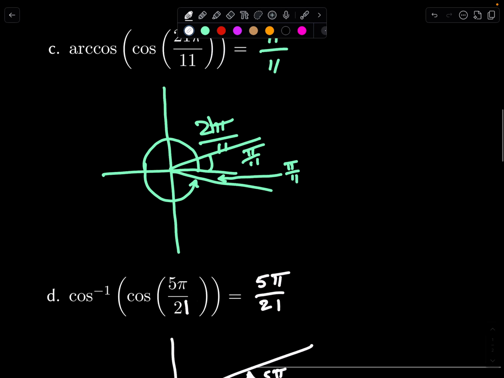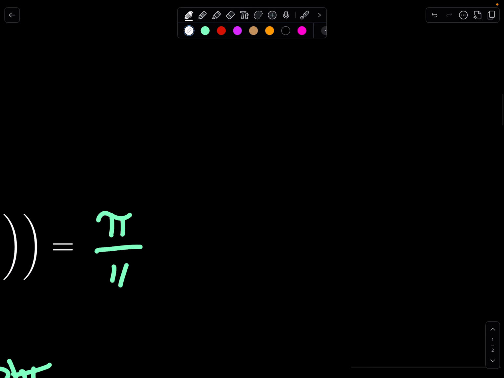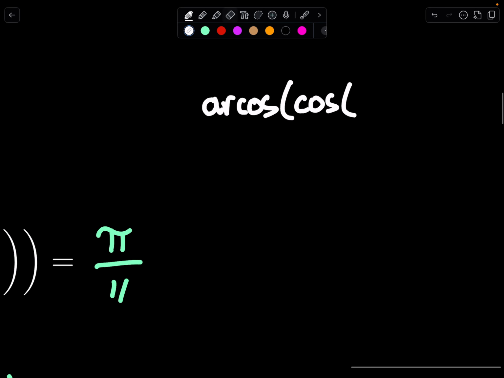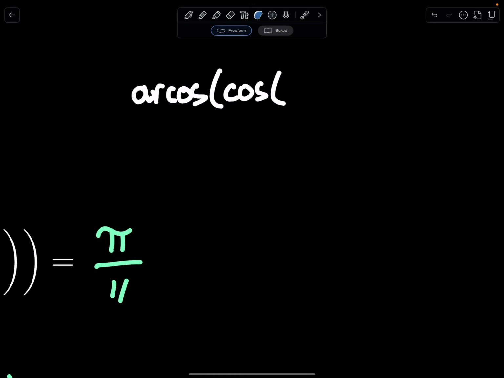Let me just make up one more just to make sure that we can do this. So let's say I'm going to do the arc cosine of the cosine of, hold on a minute. Just make sure that this works out nicely.